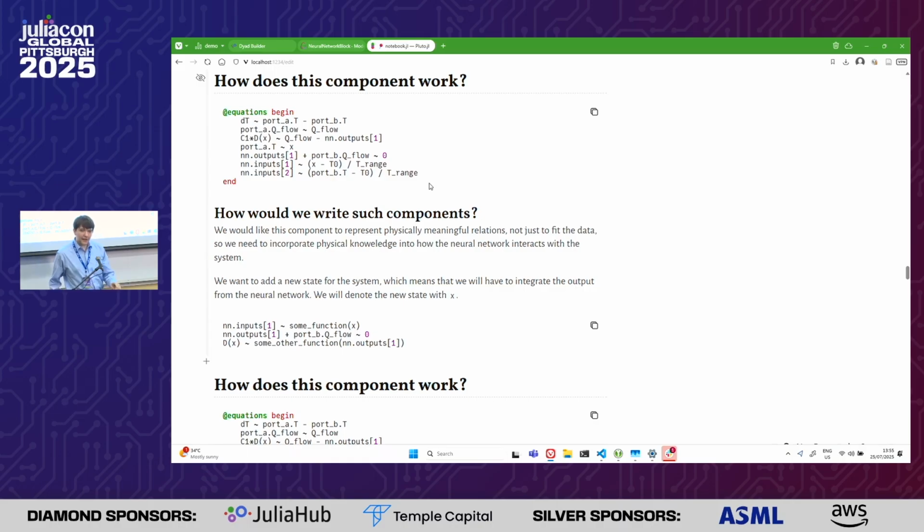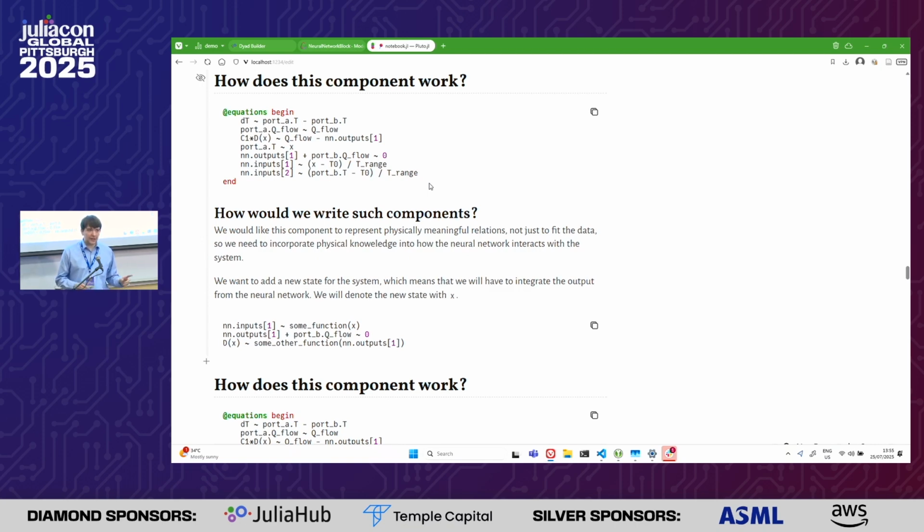Yeah, it can happen that this can create a DAE. The question is if you want that to happen or not. In this case, this was a very simple linear system, and I know that I don't want that to happen.